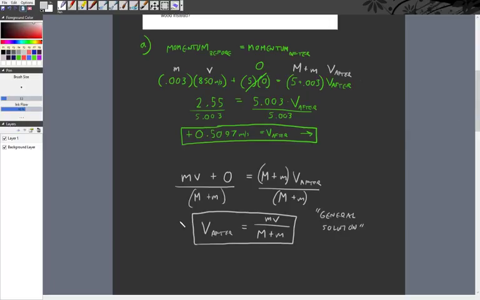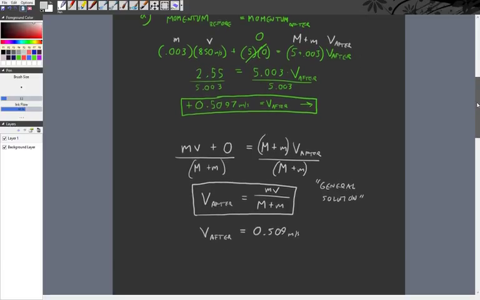And that's the power of the algebraic solution, all right? In fact, I really did this. I really plugged in the numbers for m, V, capital M, and I actually plugged in the ones we used, and I got V after is equal to 0.509 meters per second. So it works. Did that just for you guys.